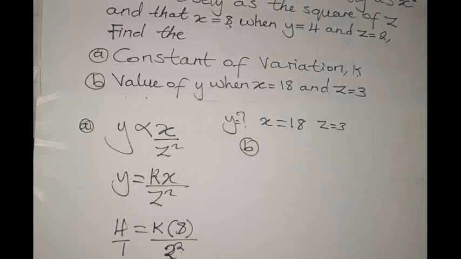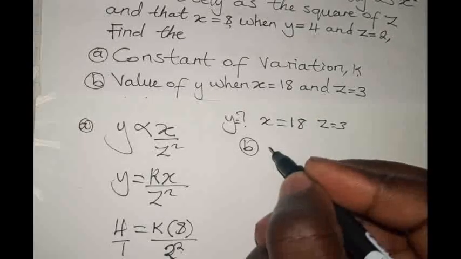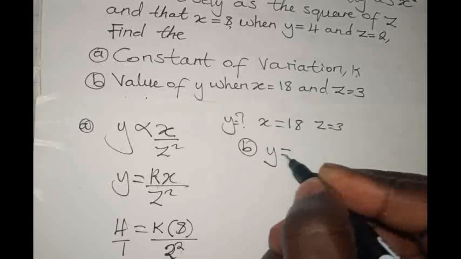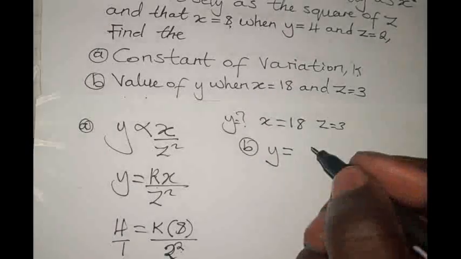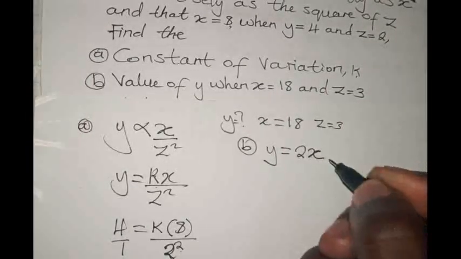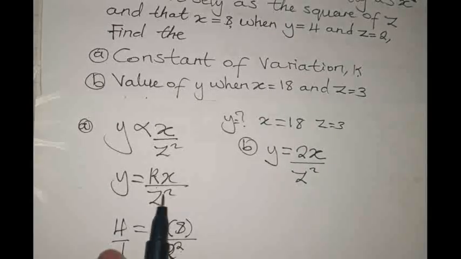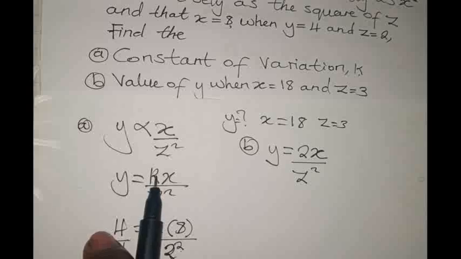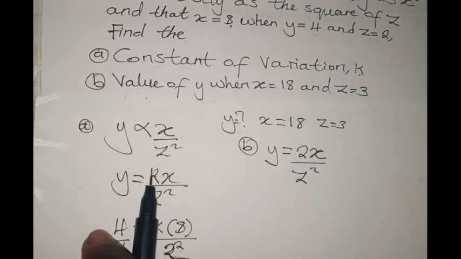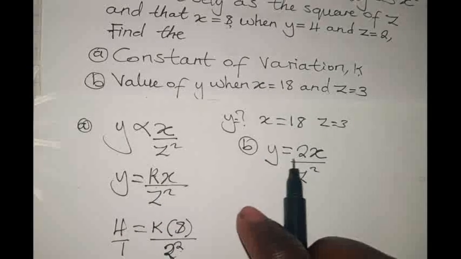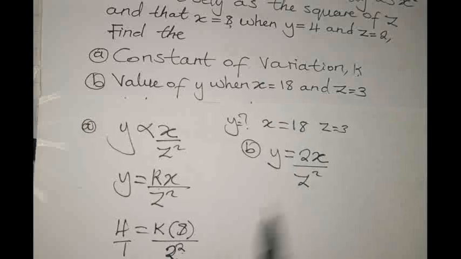We found it was 2, so the equation changes from y is equal to kx over z squared to y is equal to 2x over z squared.